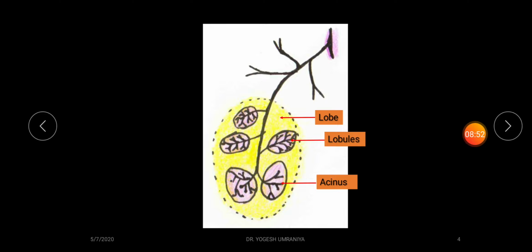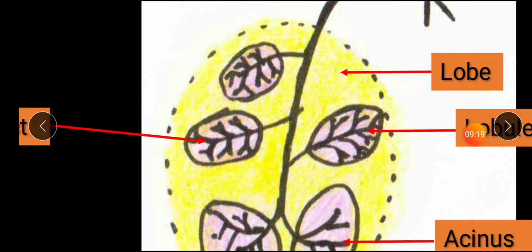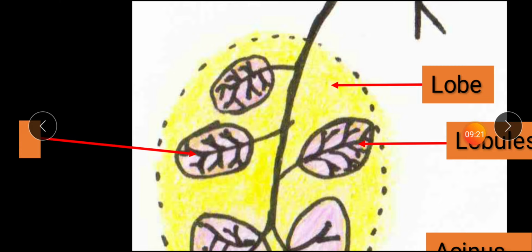Now, the secretory material produced by the acini is collected within the lumen of the acini, and from the lumen it should be carried to the exterior. So, the first duct that carries away the secretory material from the lumen of the acini is termed the intercalated duct.